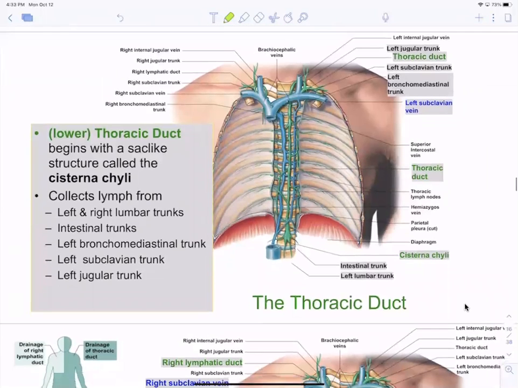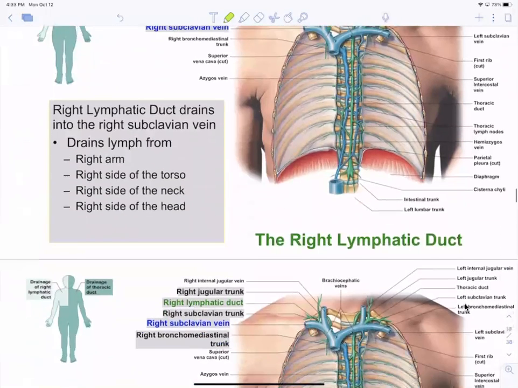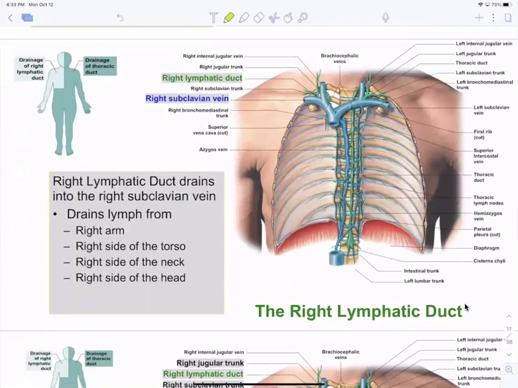The cisterna chyli, again, is where all of the vessels merge, and then it becomes the thoracic duct that goes up and around, and then goes into the left subclavian vein. Right lymphatic duct is draining right arm, right side of the torso, right side of the neck and head. And the right lymphatic duct is here, right subclavian vein.